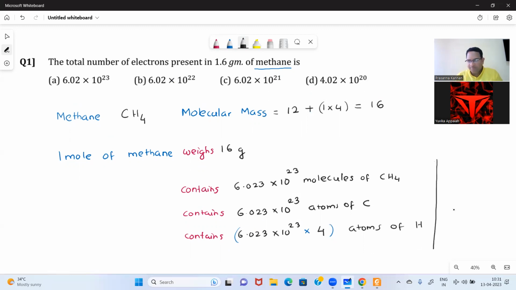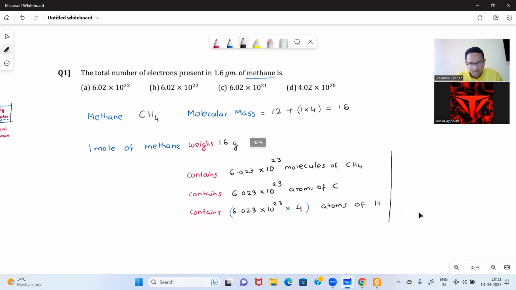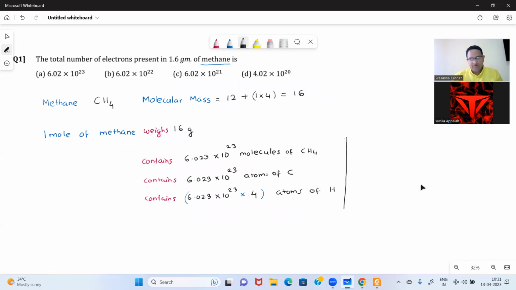Atomic number. So if I give you an element or an atom, I want you to find how many electrons are present in that. On what basis would you decide the number of electrons present?